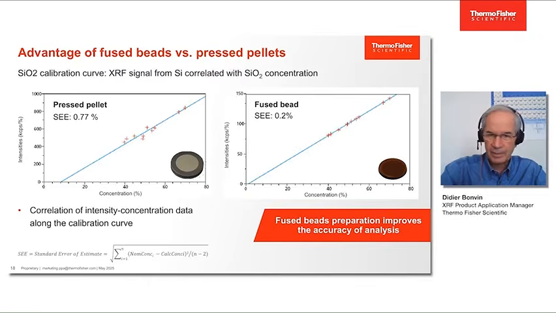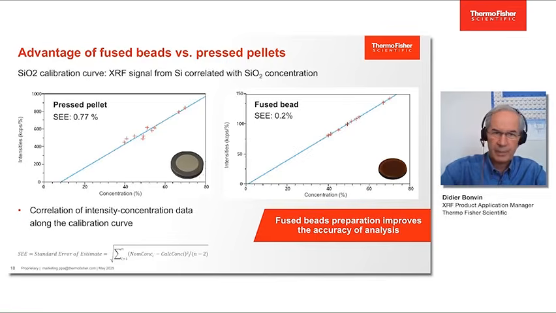So the fused bead preparation does improve the accuracy of analysis, especially for silica and also for lime, for example, calcium oxide, and for alumina. It's particularly improving silica analysis because when grinding, sometimes silica is in the form of little crystals of quartz, which are very hard.